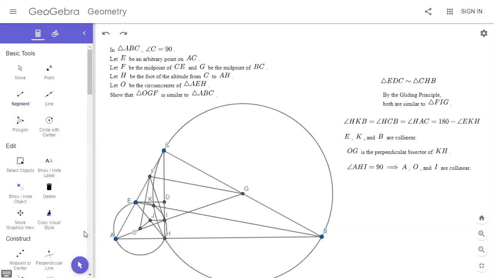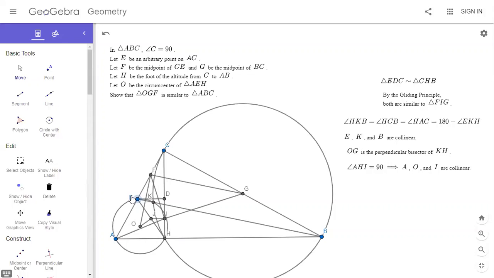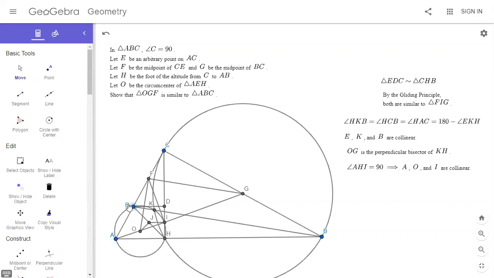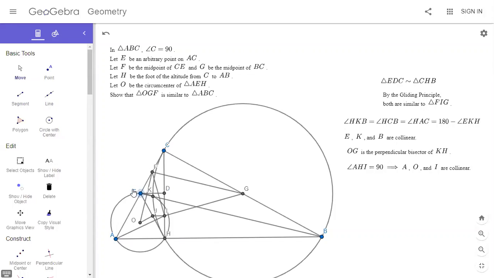Is G the midpoint? Since G is the midpoint and ABC has a circumcenter, the line through A and the circumcenter of triangle ABC will also have to pass through O, and that doesn't necessarily pass through G. Because if you extend AO, it will always intersect the circumcenter of triangle ABC.